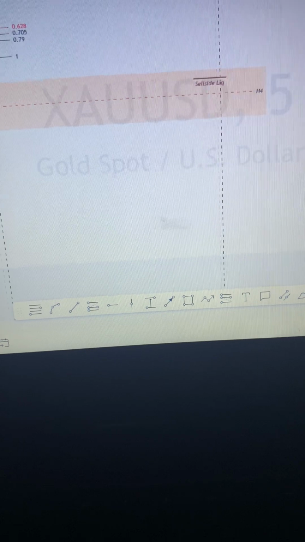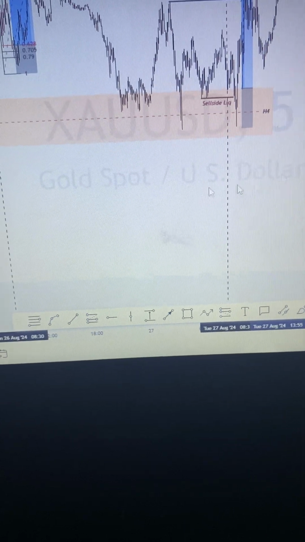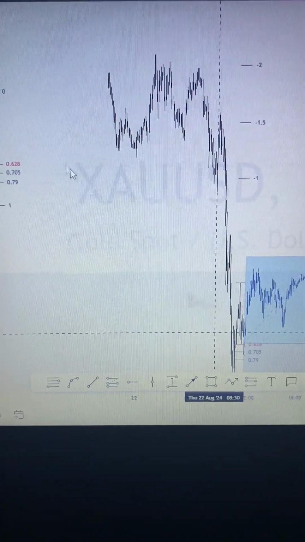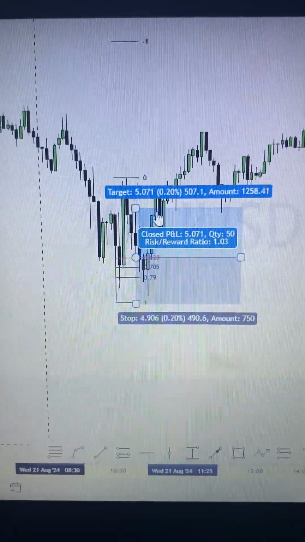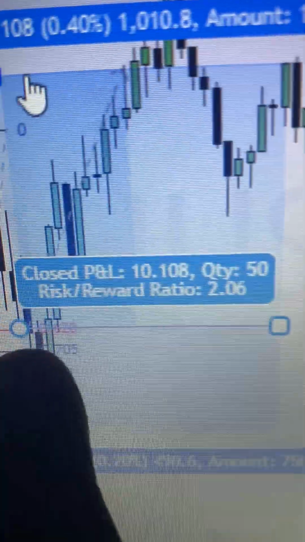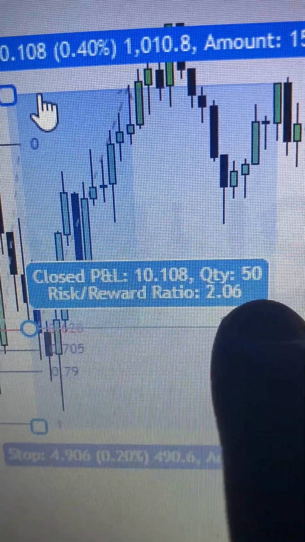So let me go back to that. This is all the examples that I'm gonna come back to. I'm gonna give you a set of rules that you must follow. So you buy on that level. Once it touches the level, you're gonna enter your buys, then you're gonna target your risk to reward, which is always 1:2. So once it is 2 here, you see reward ratio 2.